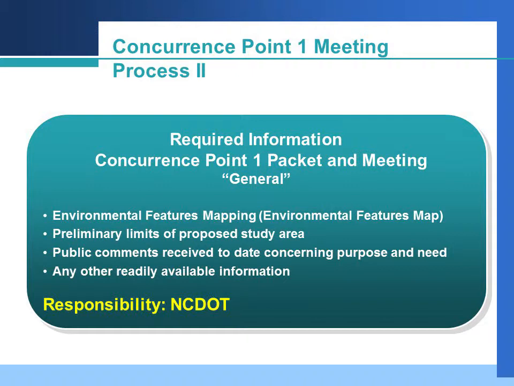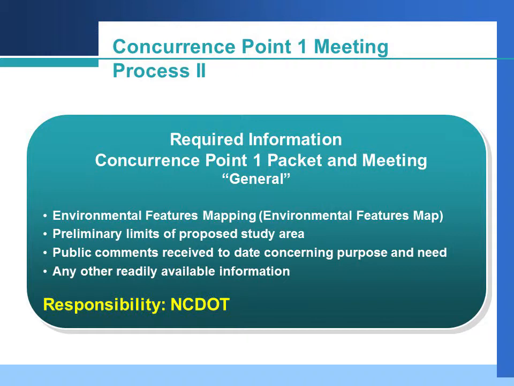Any public comments received concerning purpose and need and general community concerns should be summarized. Any other readily available information which may aid in justifying the project's purpose and need and defining the study area should be included.